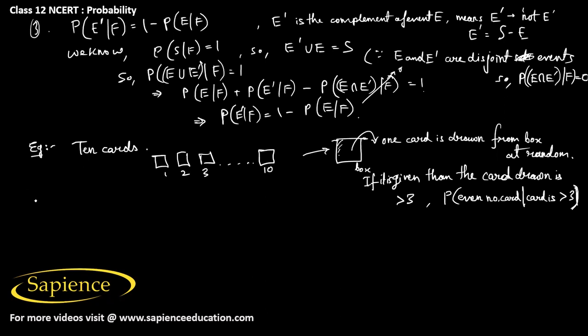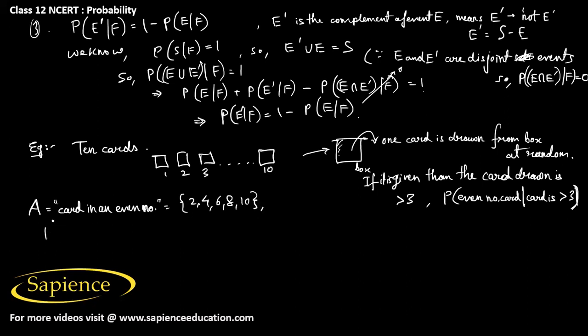So let's say the event A is defined as the card drawn is an even number. The elements of this set will be 2, 4, 6, 8, 10, obviously.